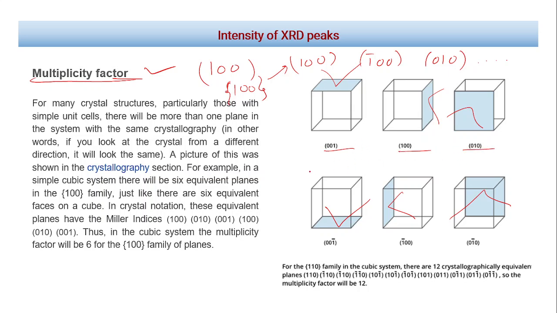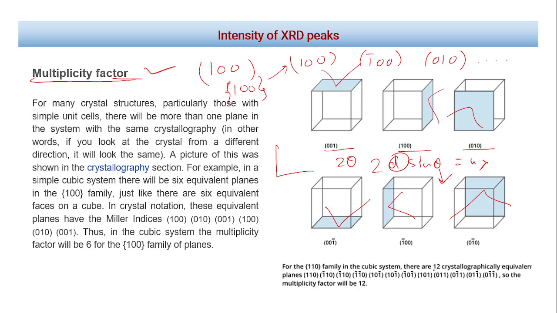They will all give diffraction at the same 2 theta values, because their interplanar spacing is the same, and from Bragg's law we know if interplanar spacing is the same, then because other things are fixed, we'll get the diffracted peak at the same theta position. So here the intensity of the peak is 6 times for this 001 plane family.